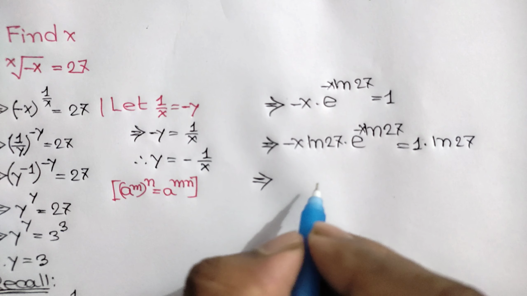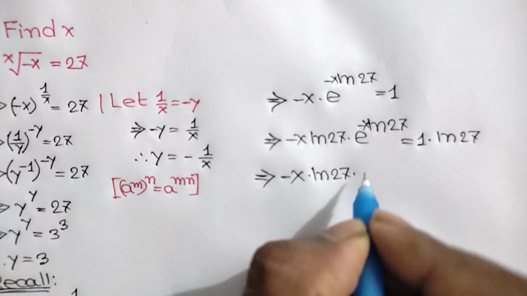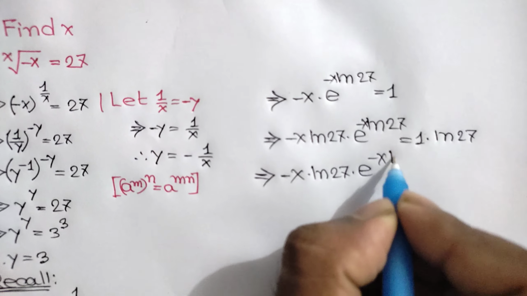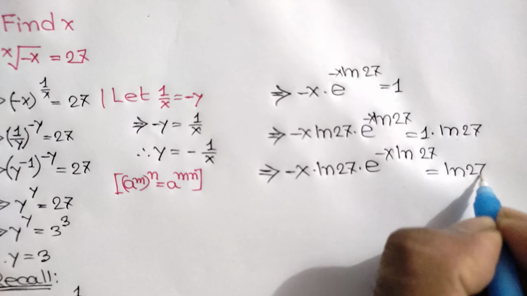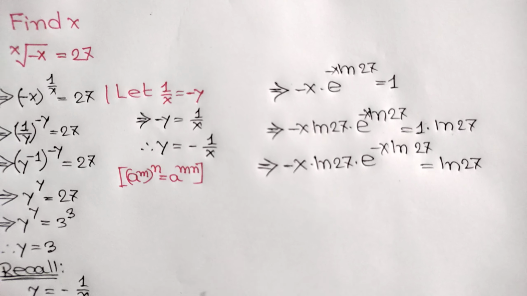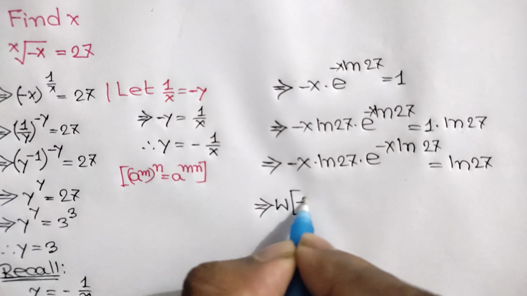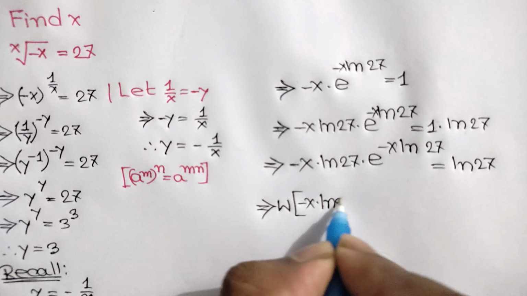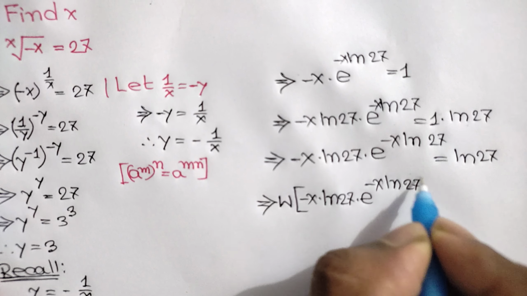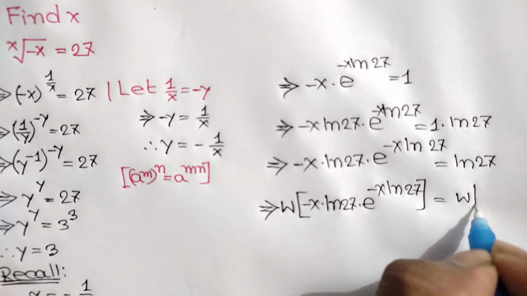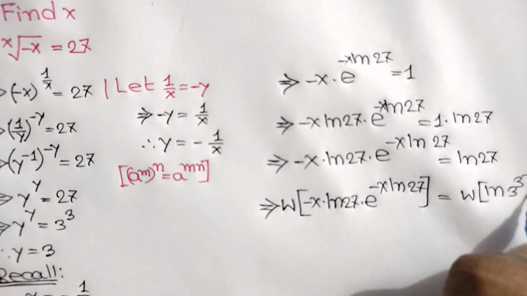So negative x times ln of 27 times e to the power negative x times ln of 27 is equal to ln of 27. Now taking the Lambert W function on both sides, we can write W of (negative x times ln of 27 times e to the power negative x times ln of 27) is equal to W of ln of 27, which can be written as 3 cube.